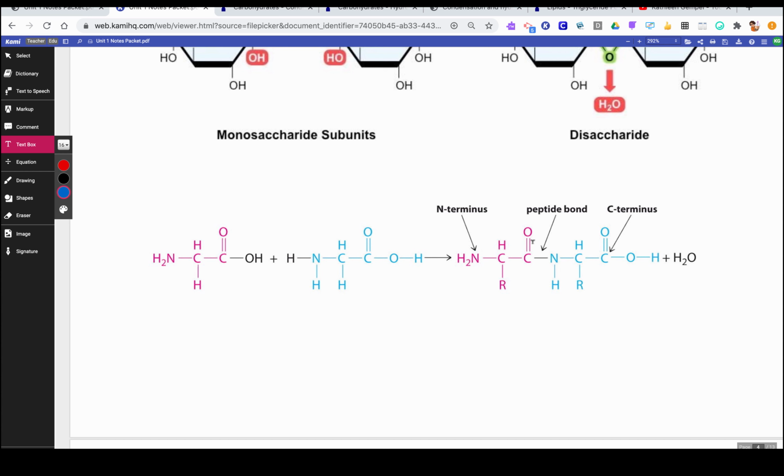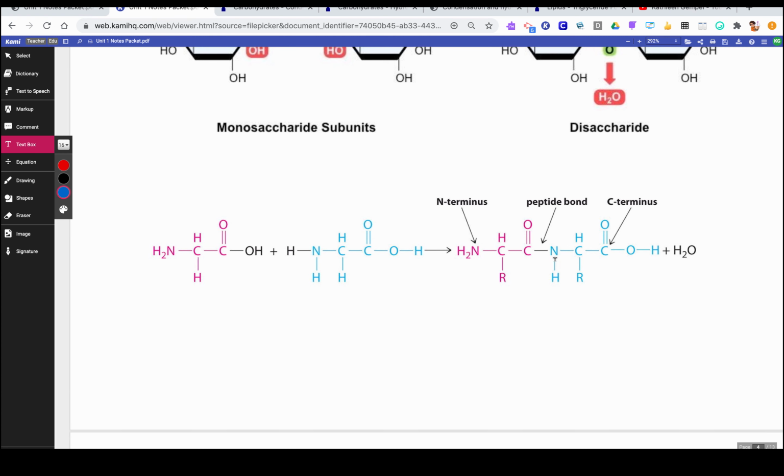So when you're talking about the structure of a protein, there's going to be one side that's called the N terminus, the nitrogen end of it, and the C terminus, or the carboxylic acid terminus of the protein. The bonds between two amino acids are called peptide bonds.